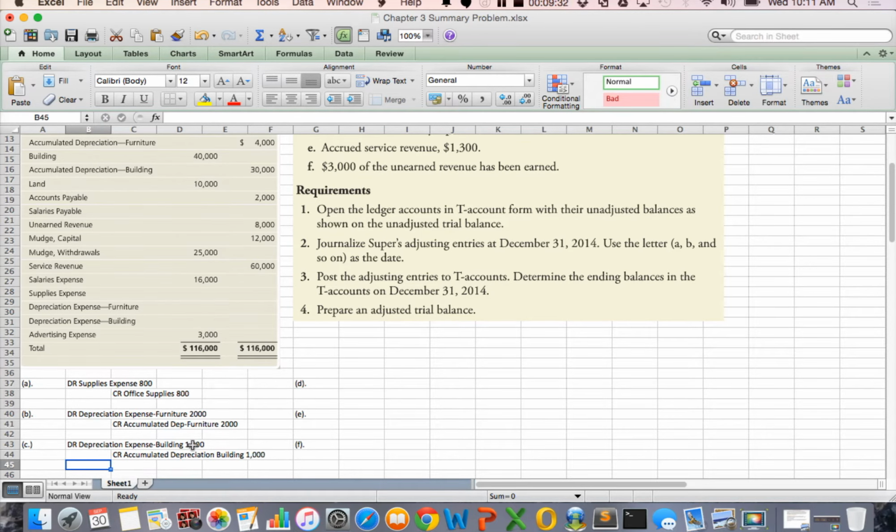Okay, so those depreciation ones should just be gimmies for you guys. The template never changes except for maybe having a specific account name instead of just a generic depreciation expense, and the numbers are given to you.